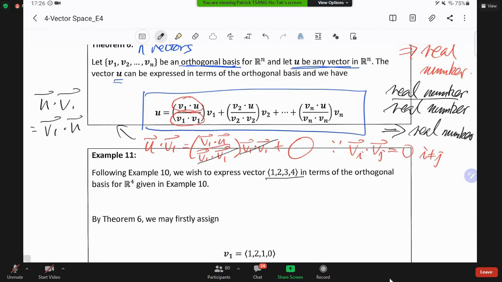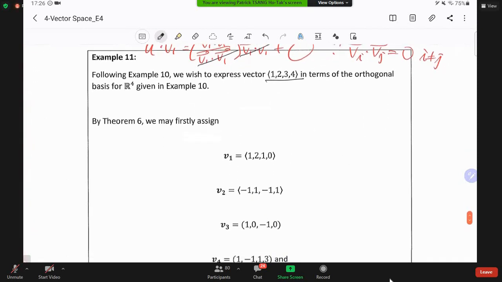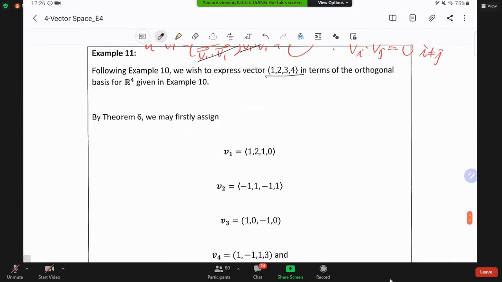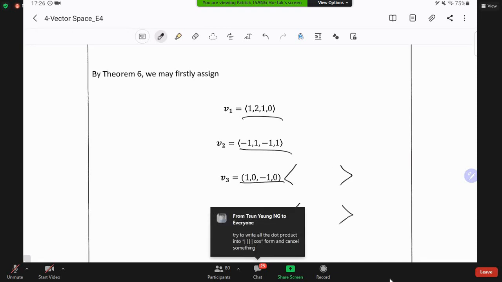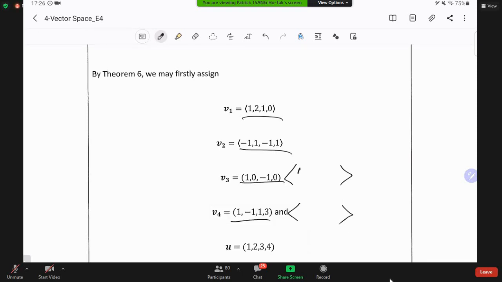To begin with, I simply assign a name for the vectors, the underlined vectors shown in Example 10. So this is not new stuff. But here, please help me correct some typos. Please change the circular bracket into angular bracket to represent the vector. So for V3, we have 1, 0, 1, 0.